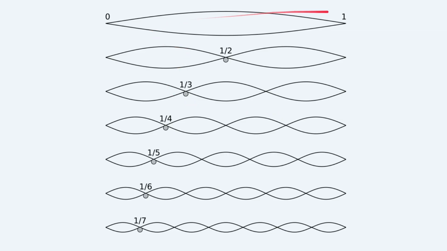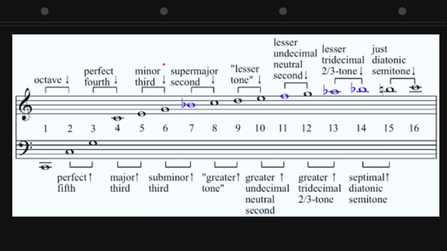So here, this big one is vibrating back and forth. The next one down, where it says 1/2, is half the length of this big one. Therefore it stands to reason that it is one octave higher, double the frequency.